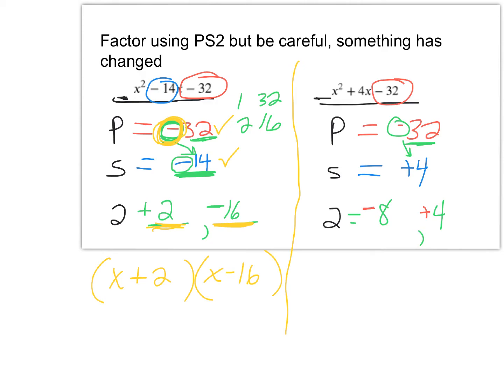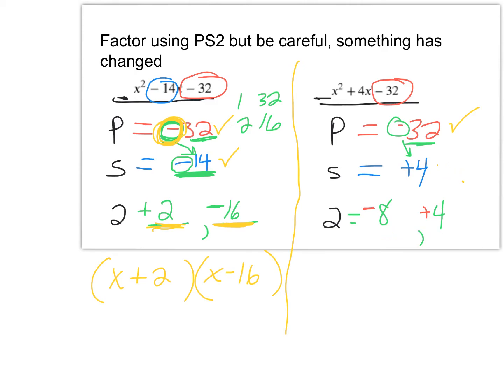Doing your check, -8 times 4 is indeed -32. So most students go, I'm good, this has got to be right. But then they go, well, -8 plus 4, that's -4. I'm supposed to get +4 here. So that's wrong.